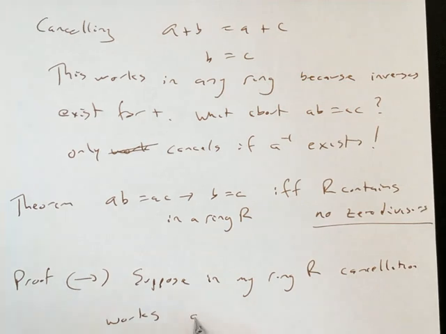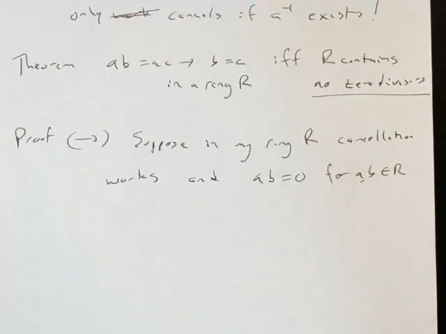And I have 2 things that I multiply together and I get 0. I want to show that neither of those are divisors of 0. Which means I need to show that one of them is 0.